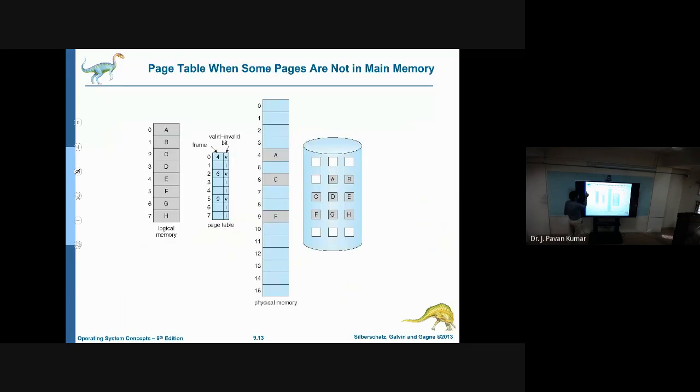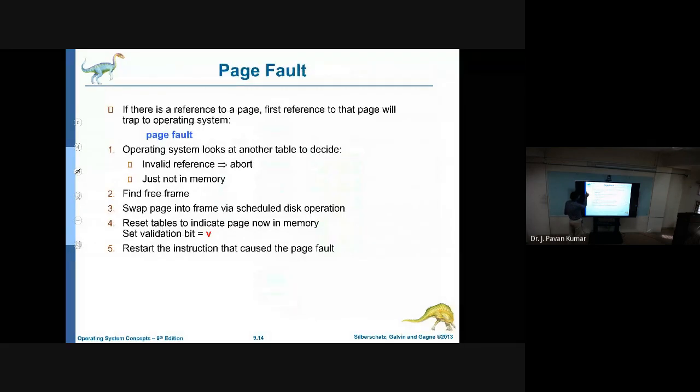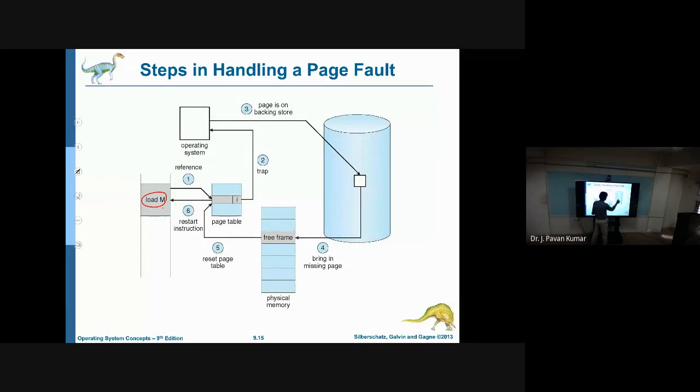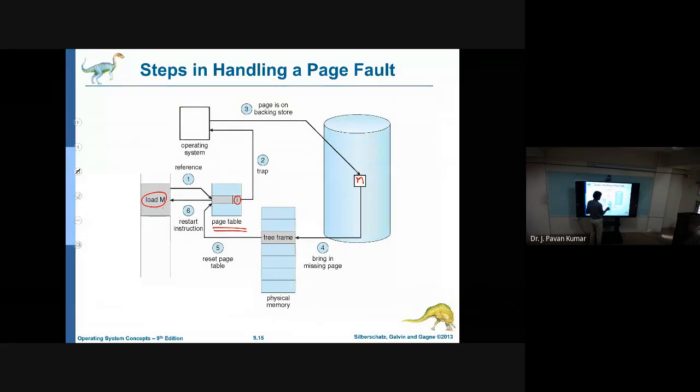This was the process. Whenever we wanted to load m, a page m, it is not present in the main memory. So first of all we check the page table. The corresponding entry has I, meaning invalid, which means the page is not present in the main memory.